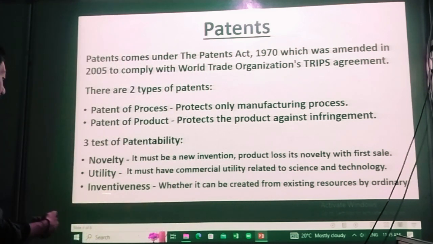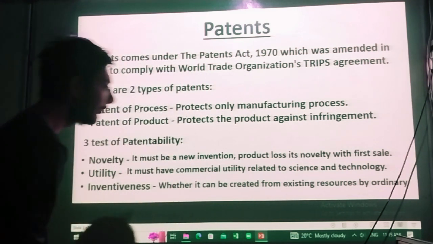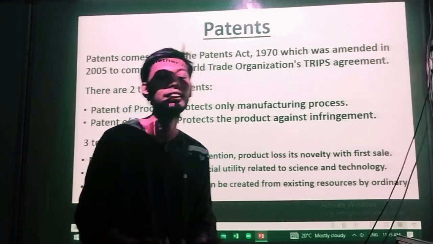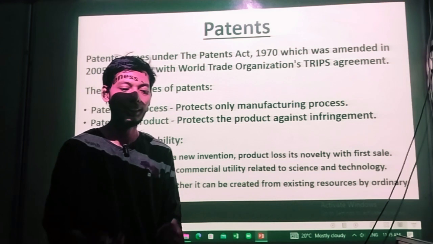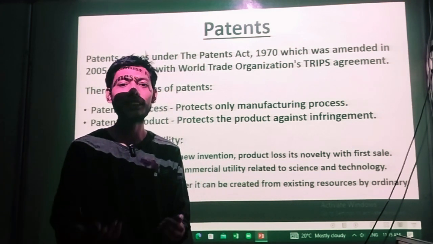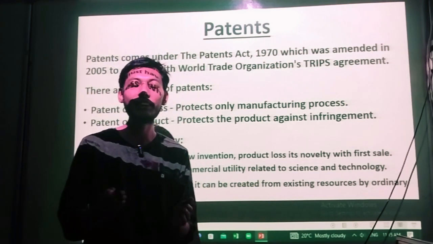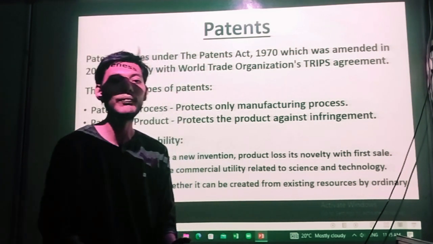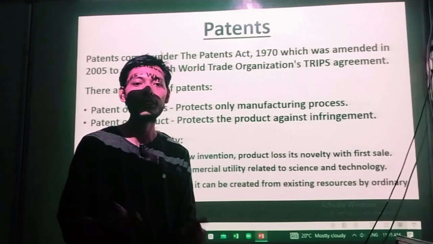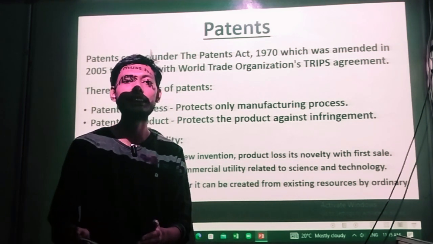And inventiveness. So inventiveness means the product must come from the world of science. It means no ordinary man with ordinary skills should be able to make it. And it also means the product should not be a work of nature.